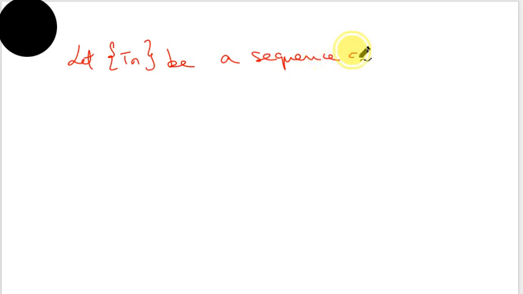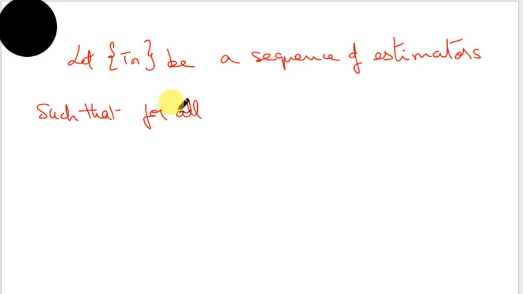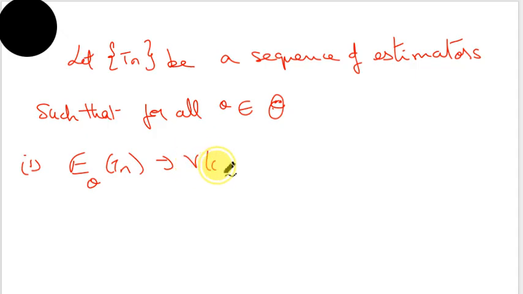Therefore, let Tn be a sequence of estimators such that for all theta in our parameter space, we have the mean E theta of Tn tending to v of theta as n tends to infinity.